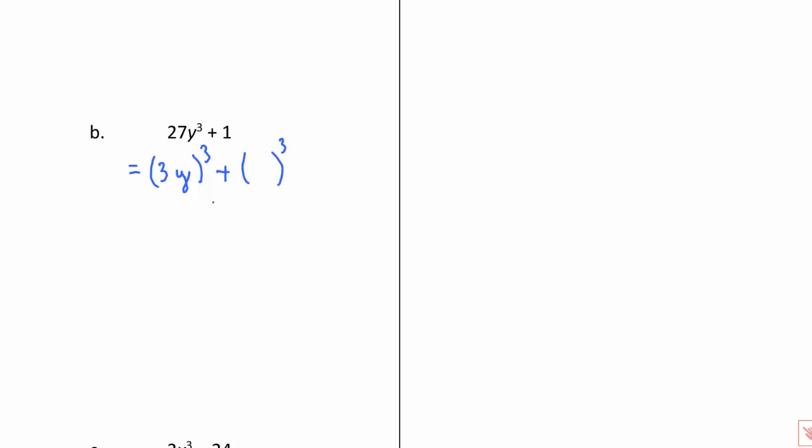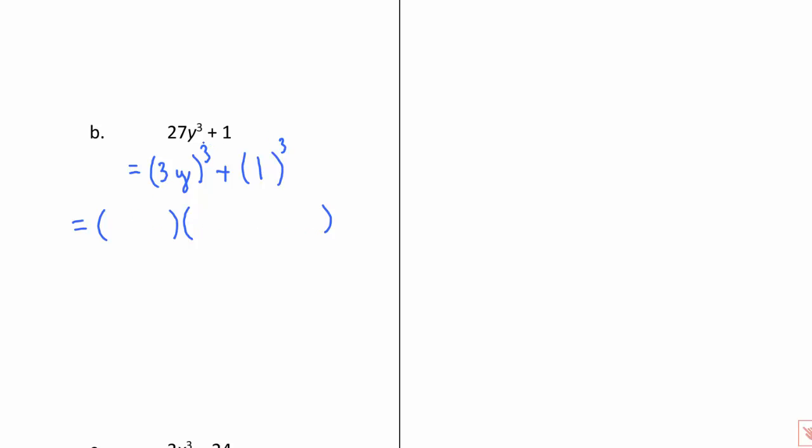Well, y cubed, right? Y cubed is y cubed. What cubed gives you 1? No, it's not a trick question, it's 1. Okay, now notice that something cubed plus something else cubed, well, that's a sum of two cubes. So the first factor is a binomial, and the last factor is a trinomial.